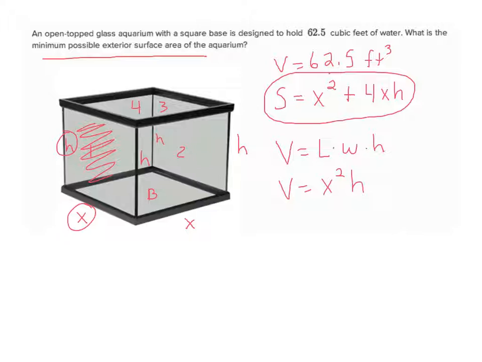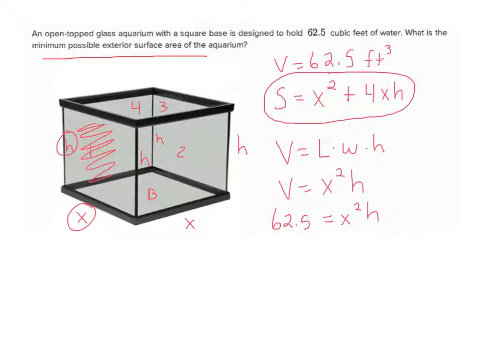The problem with this formula is it's in terms of two different variables, X squared and H. All right? So they tell us the volume. What is it? 62.5. So I'm going to plug it in for V right there. 62.5 equals X squared H.